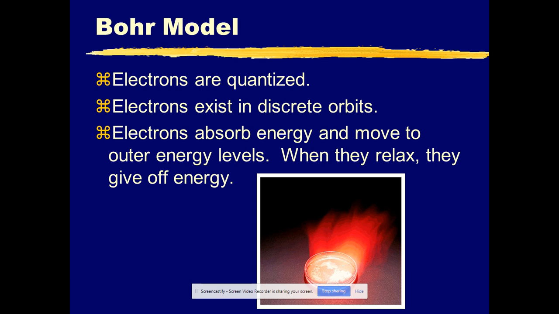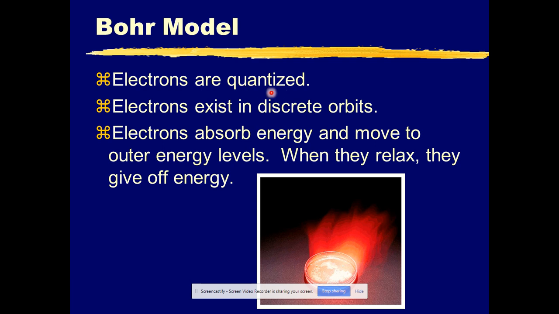So to first just analyze Bohr's points here, one of his biggest contributions was that electrons were quantized, and he envisioned them being quantized because they were orbiting and they were only allowed on particular orbits. Today we know that Bohr was incorrect about the orbits. We'll talk about that in a second. But he was correct, as far as we know, about electrons being quantized.